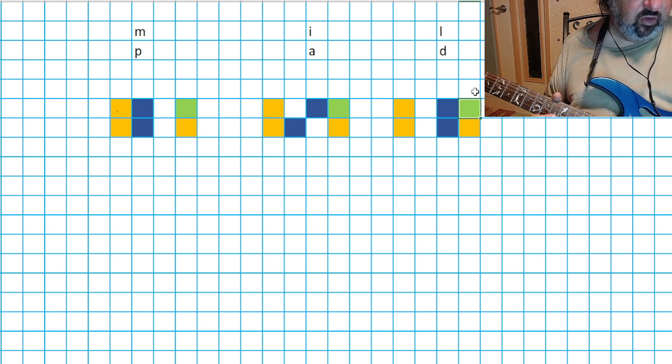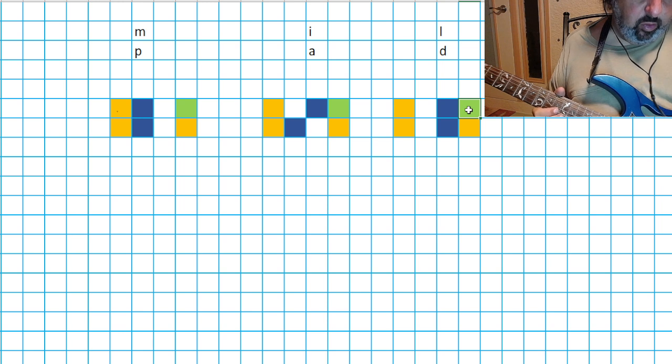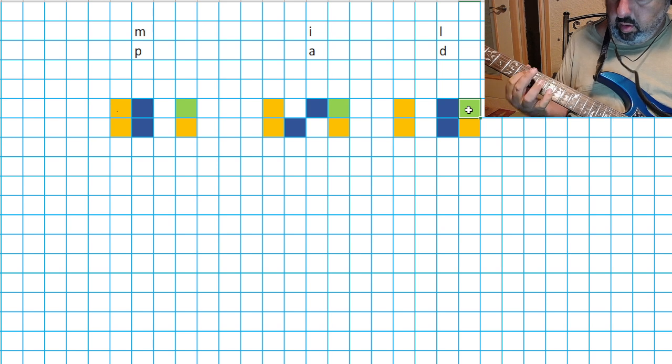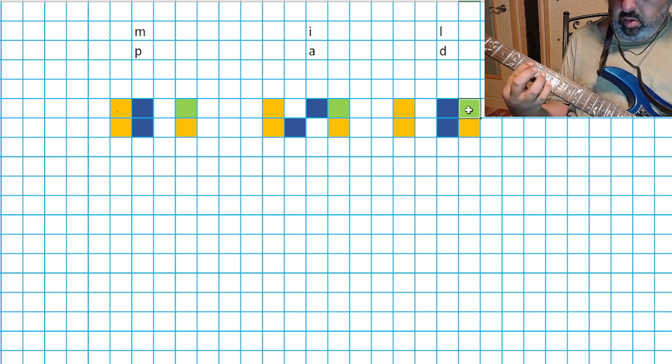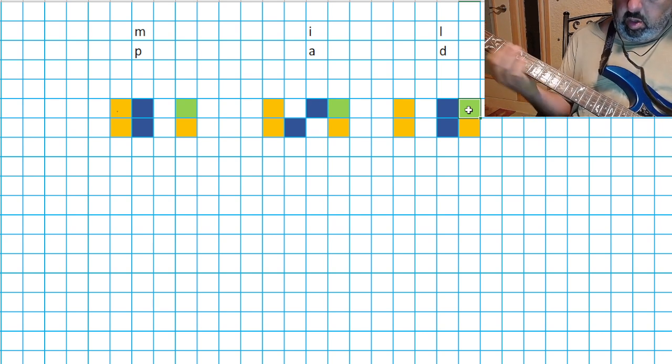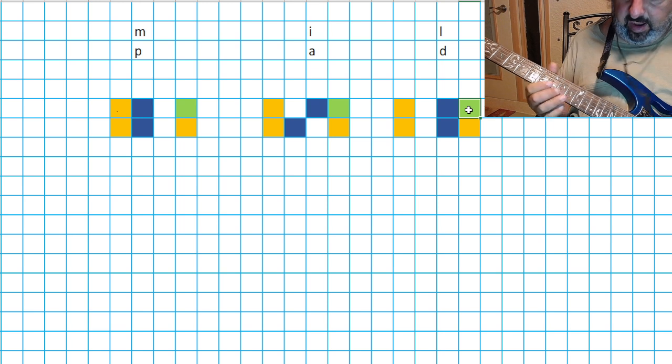Or, well, since we're using the major root here, the green root, we're in Lydian. I might do that in a progression to kind of get that.